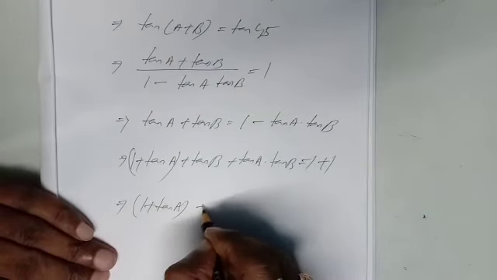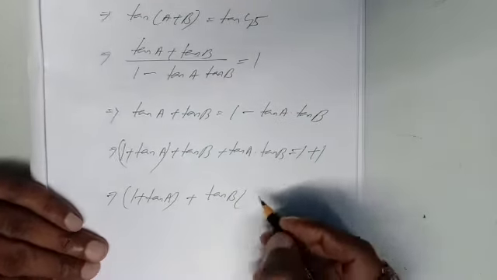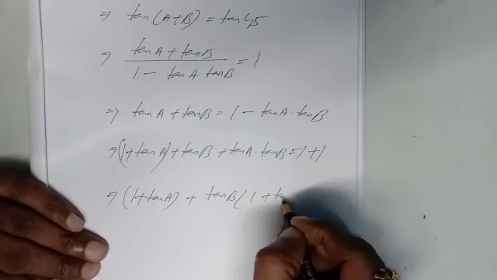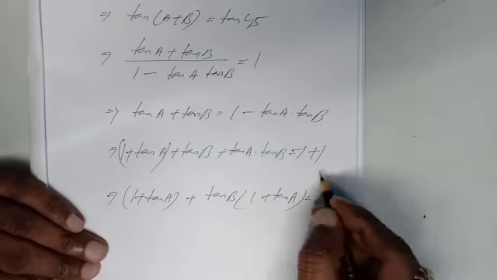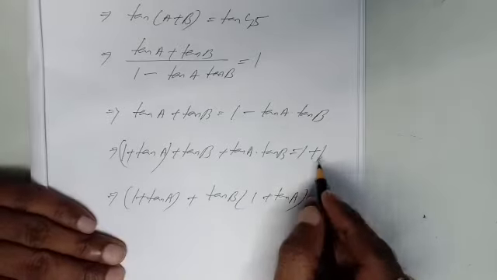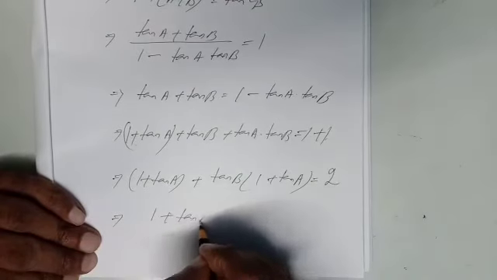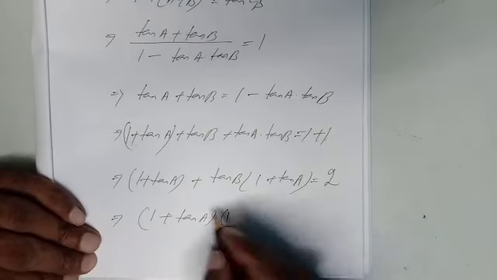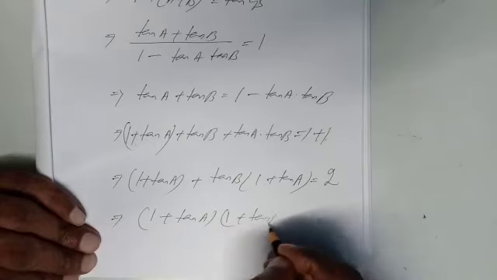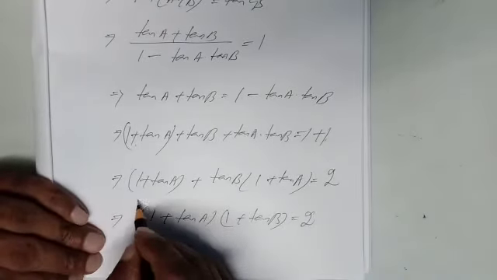From the second and third you take tan b common. What is left? 1 plus tan a. On the right hand side 1 plus 1, that is 2. Now just factorize, take 1 plus tan a outside, and what is left? 1 plus tan b equal to 2. In this way I have proved the first question.